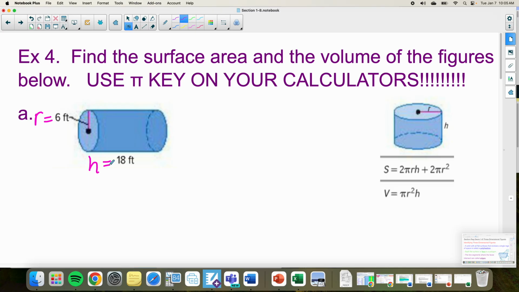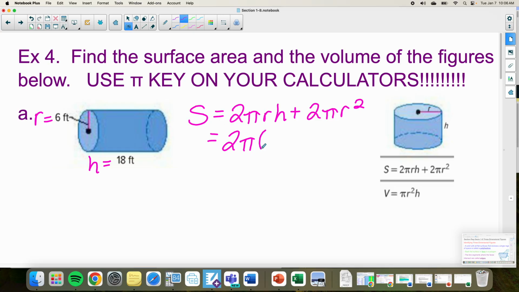Okay? Now I'm going to just write down the formula: 2 pi r h plus 2 pi r squared. Now I'm going to go 2 pi. My radius is 6. My height is 18.